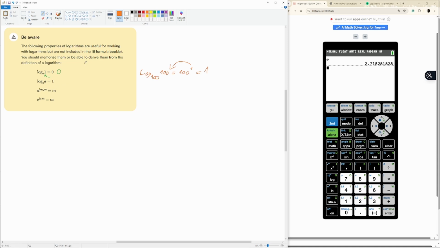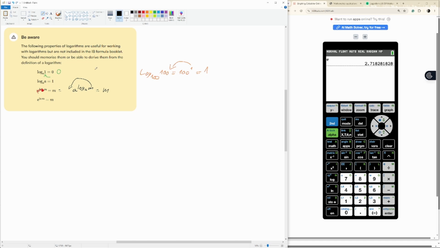This is something new, but this is also very important. If you have a to the power of log a m, you can always bring out just the m and everything is equal to m. You can just understand that they all cancel off except m.